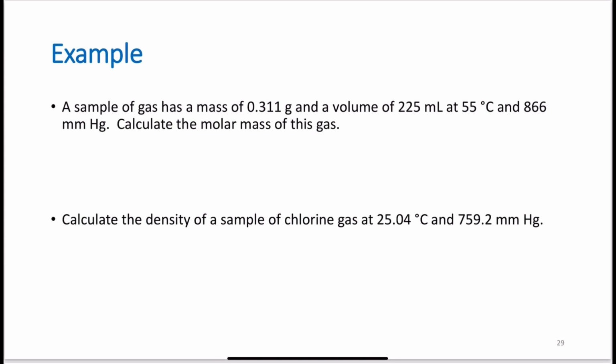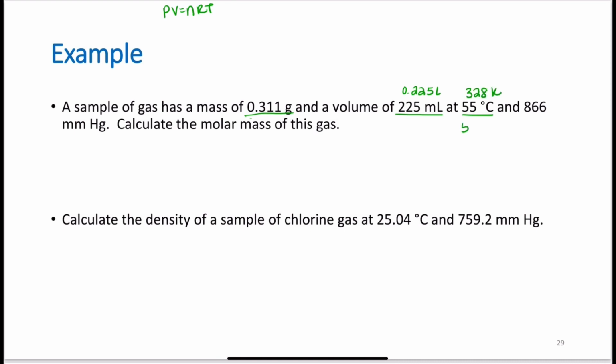First, let's just solve for the number of moles. PV equals nRT. We've got grams here. We're going to deal with this in a second. We've got your volume, 225 milliliters, which is the same as 0.225 liters. 55 degrees C, I'm going to convert to Kelvin, 328 Kelvin.